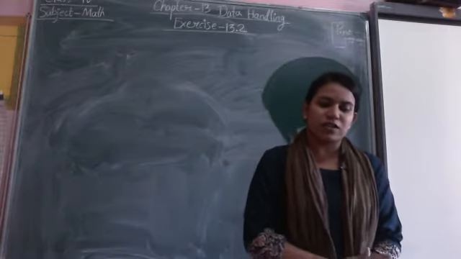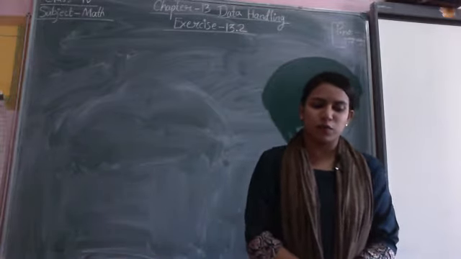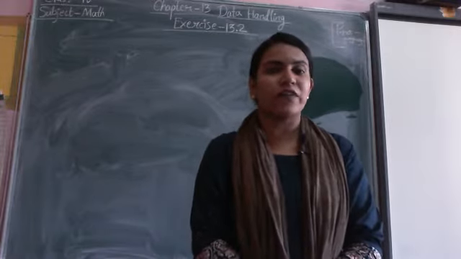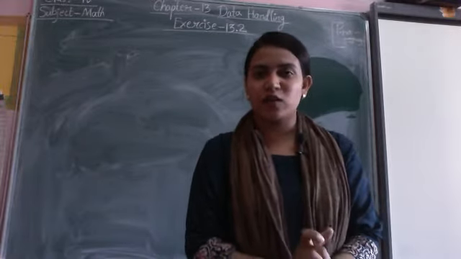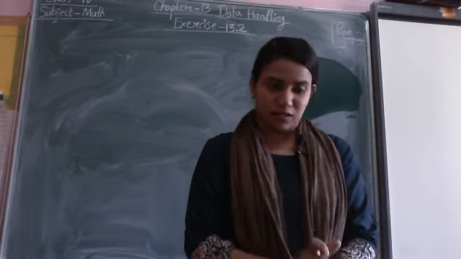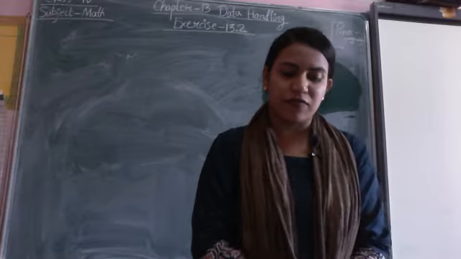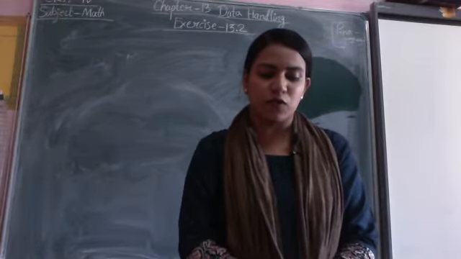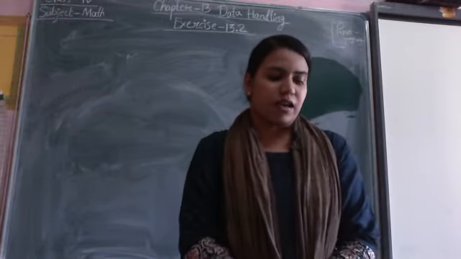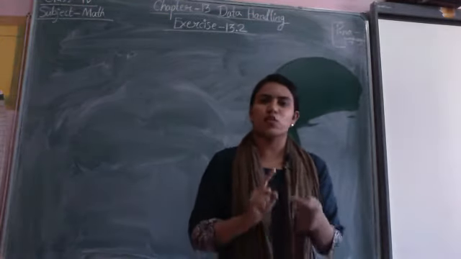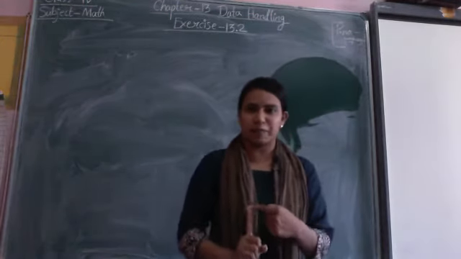Read question number 1 of exercise 13.2. In an amusement park, out of 100 people, 25 wore green, 50 wore red and 25 wore blue dresses. Draw a pie chart to represent the data. Total 100 people are there in the park.